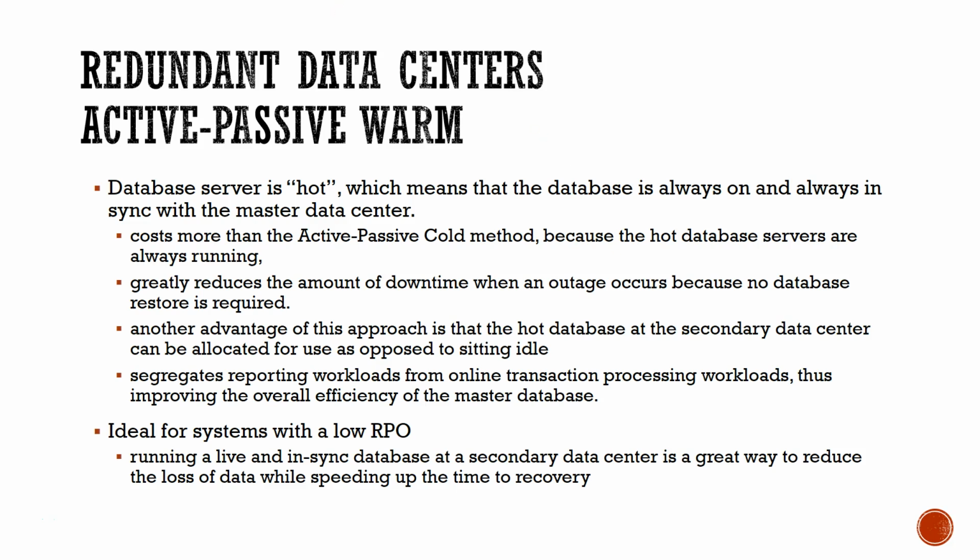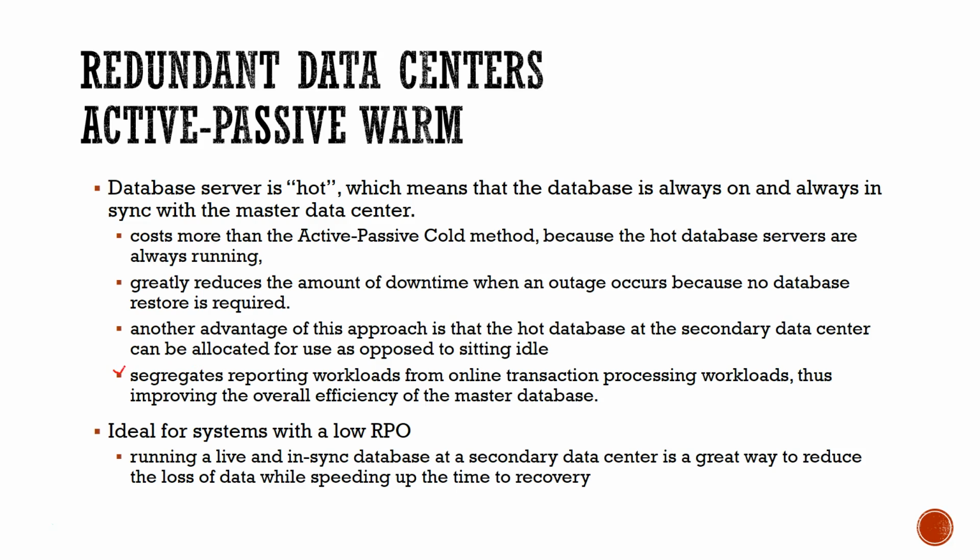You can have something called an active passive warm, which means the database is always on and it's always in sync, because the database servers are always running. Usually you can take advantage of the fact that you have this additional database that's running, and you can use it for running reports. You can use it for doing some business analytics and things like that.